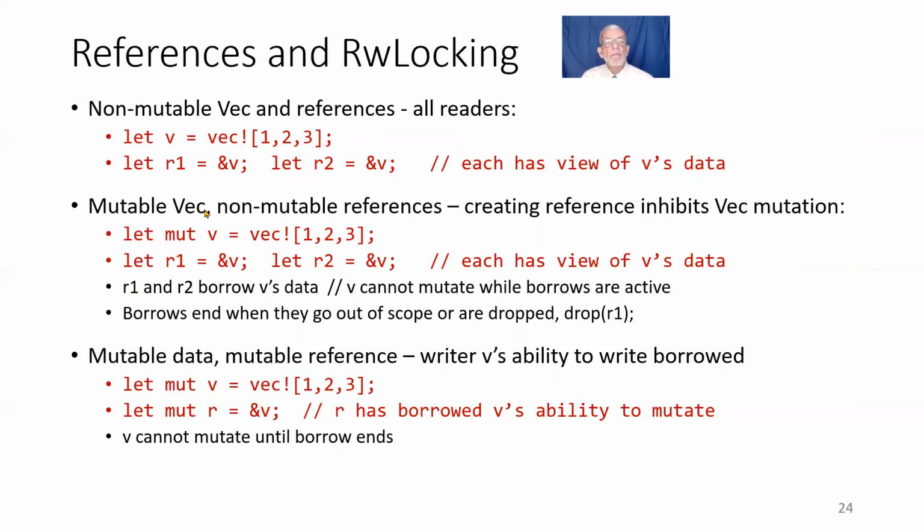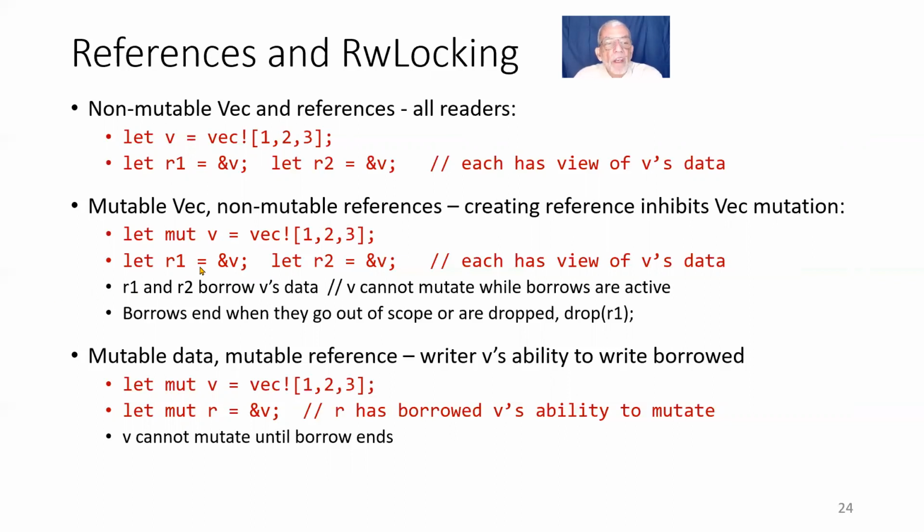Now, if the vector is declared to be mutable, v can change its own value. I can still have an arbitrary finite number of non-mutable references. These are called borrows. But once I've created this reference, v cannot mutate. Because remember my C++ example, I had a reference and I mutated the vector and it went off and reallocated memory and left me with a dangling reference. So Rust isn't going to let us do that.